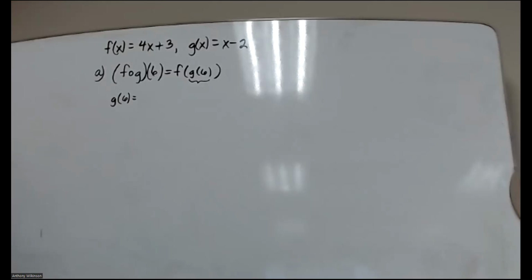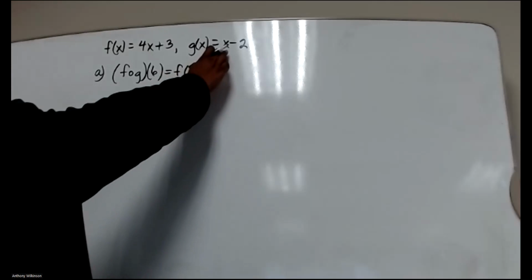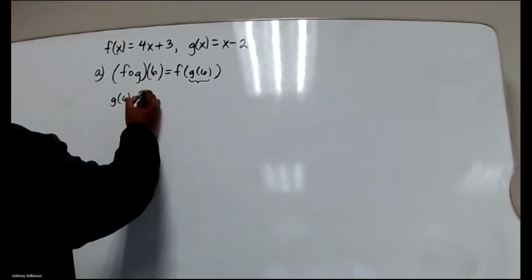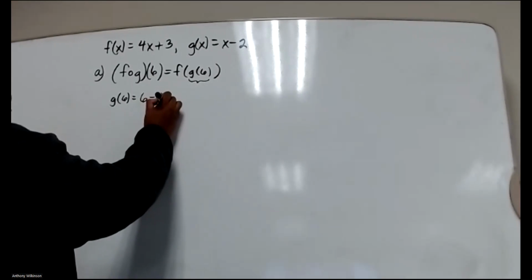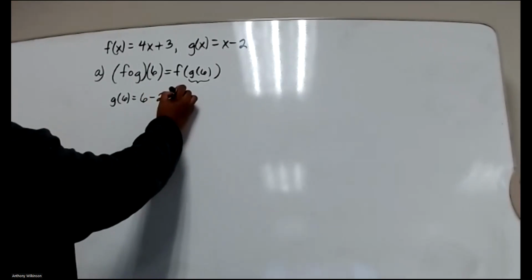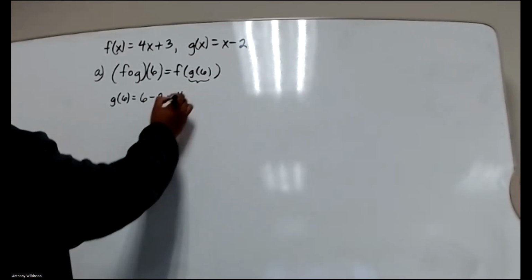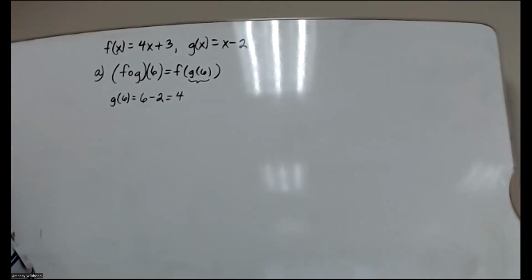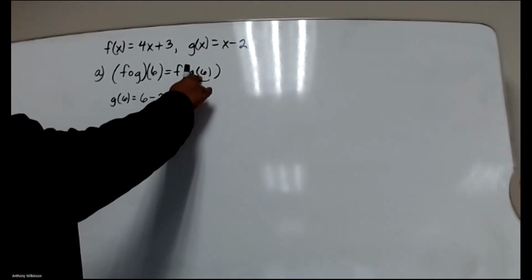And of course, g(x) is x - 2, so we take that 6 and put it in place of x. So it'll be 6 - 2, which is 4. So g of 6 is going to be 4.